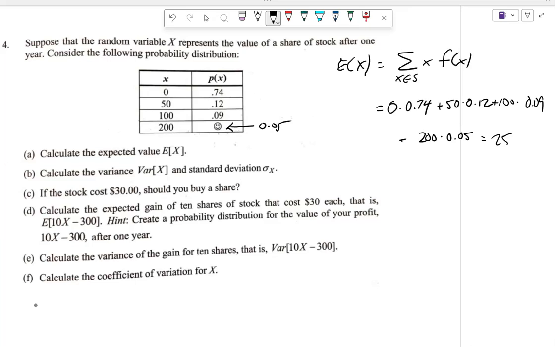All right, so the expected value of the stock at the end of the year here is then $25.